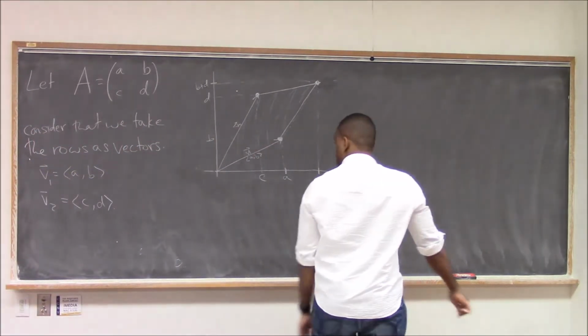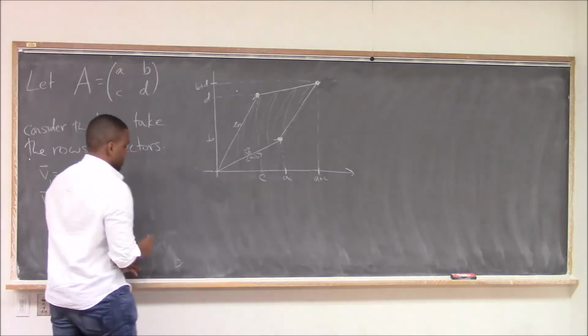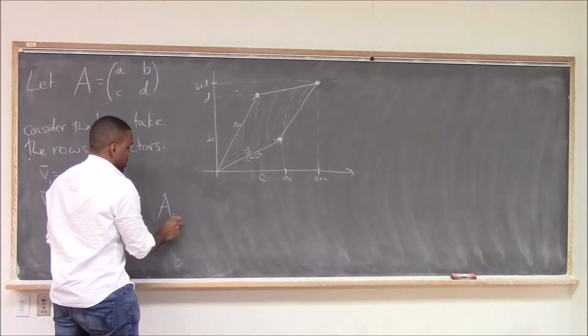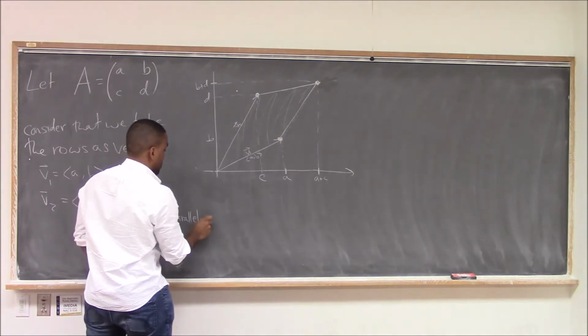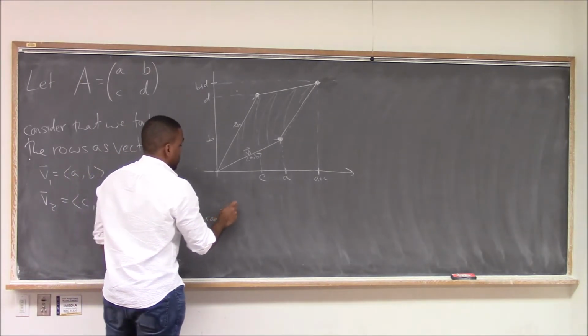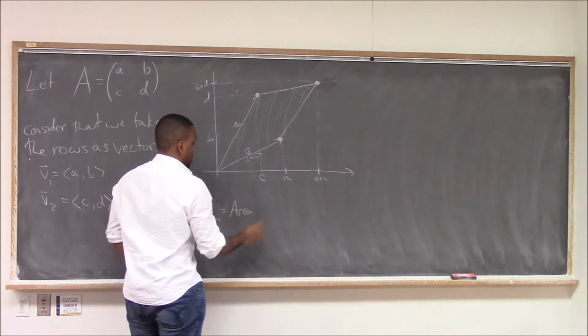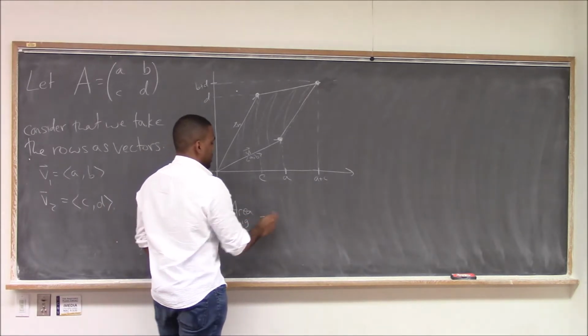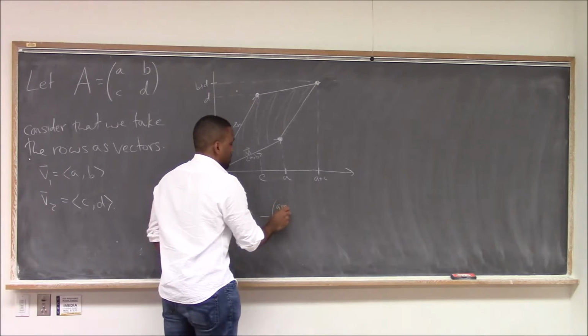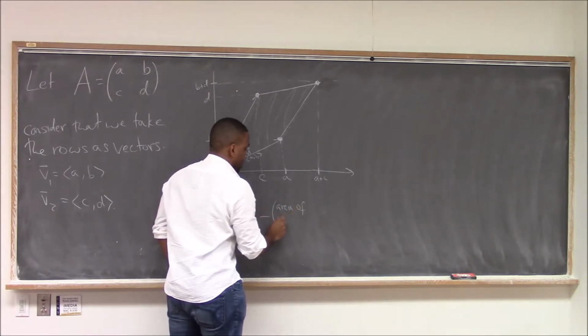So let's actually see what that is going to be. Area of the parallelogram equals area of big rectangle minus area of unshaded pieces.